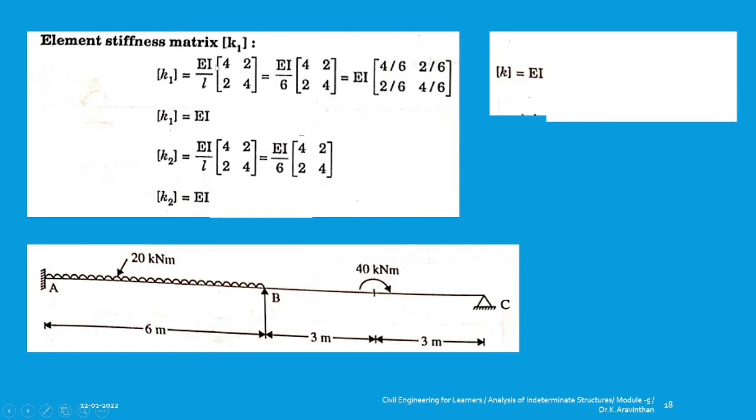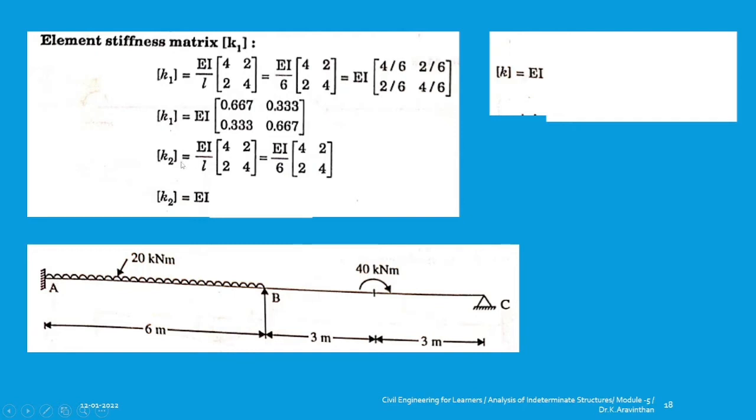EI is taken as it is, and L, what is the first span length? Which is 6 meter. What you can do is divide all the components, 4 by 6, 2 by 6. If you are dividing, you will be getting 4 by 6 is 0.67 and 2 by 6 is 0.33.